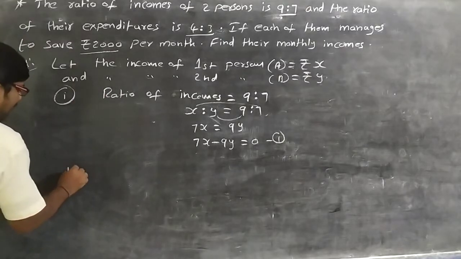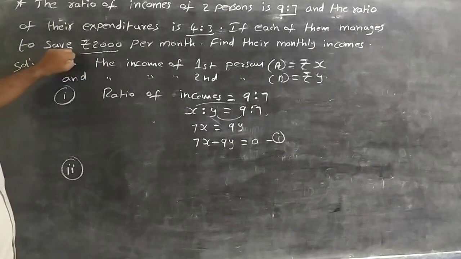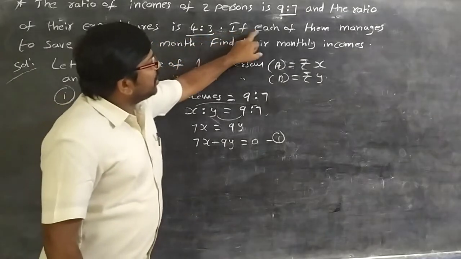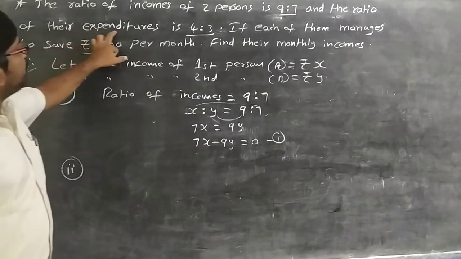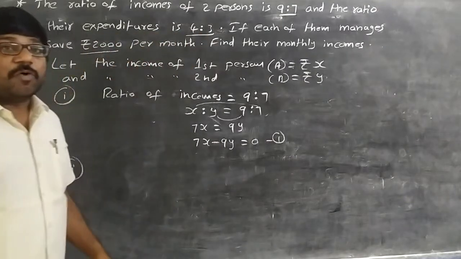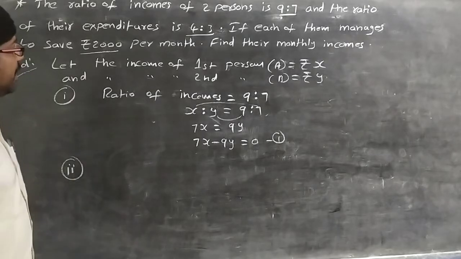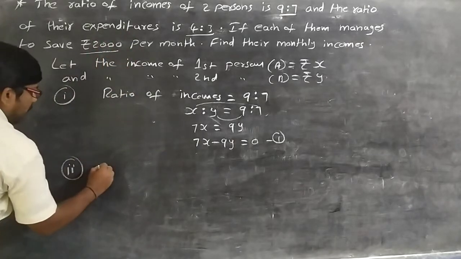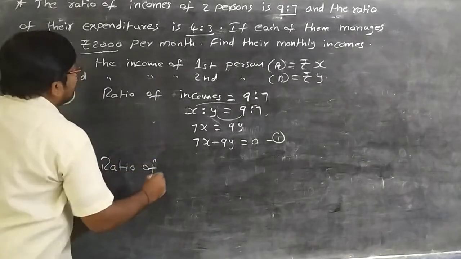What is the second condition? Each of them manages to save 2000 rupees and expenditure ratio is 4:3. Expenditure ratio is 4:3, right? Ratio of expenditures.